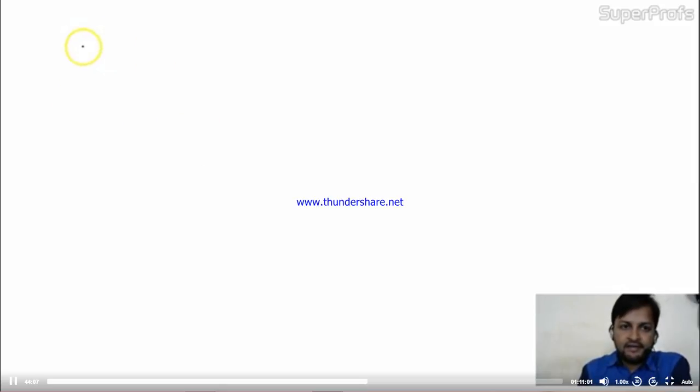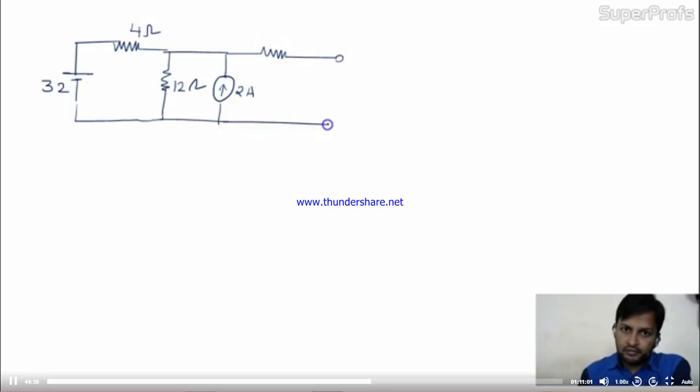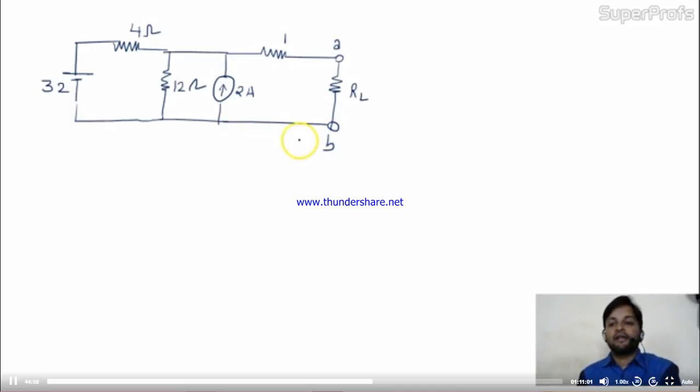Okay, the circuit is: this is 32 volts, 4 ohm, 12 ohm, 2 ampere current, this is 1 ohm, and here we are having the load resistance, and this is the terminal across which we have to find the Thevenin equivalent circuit.